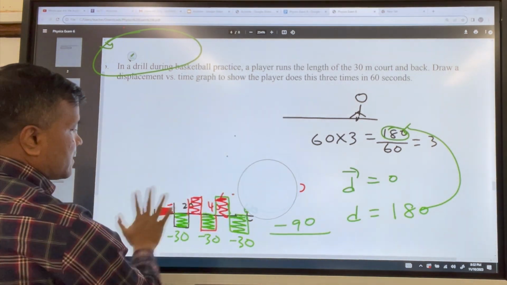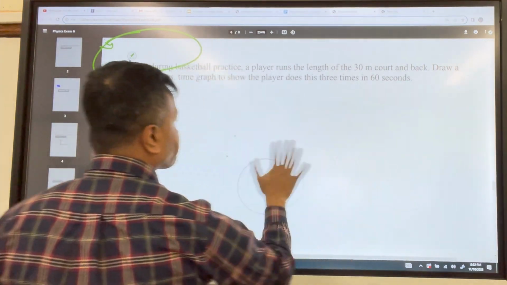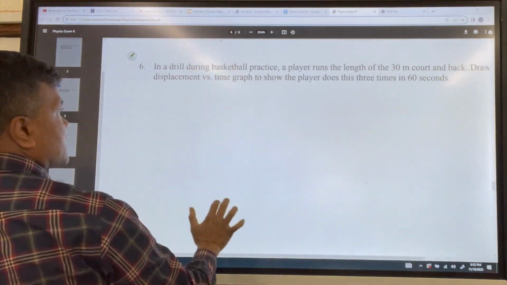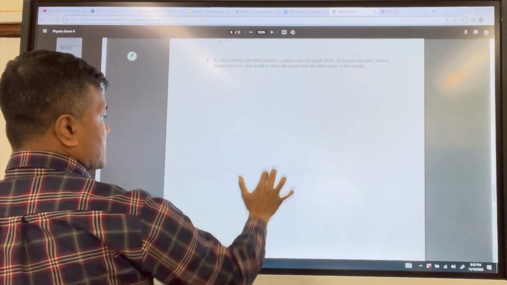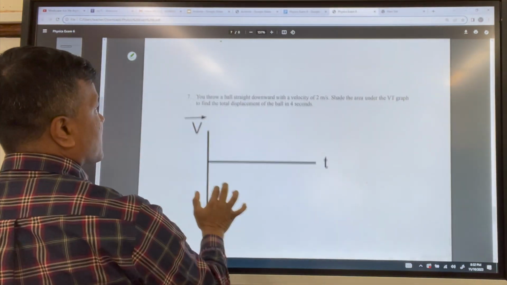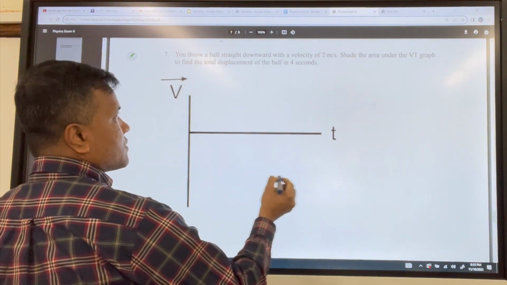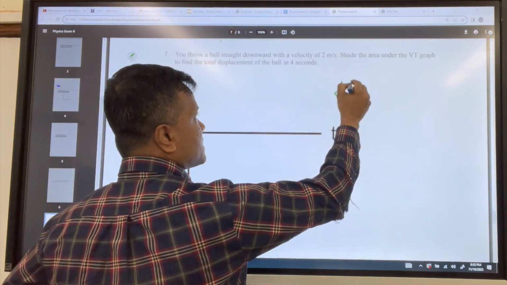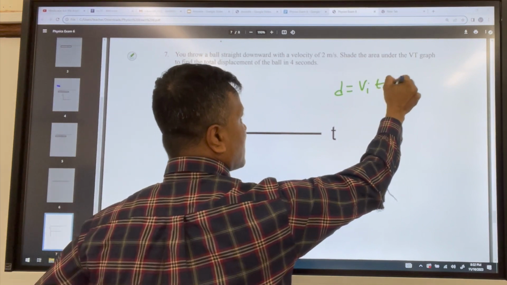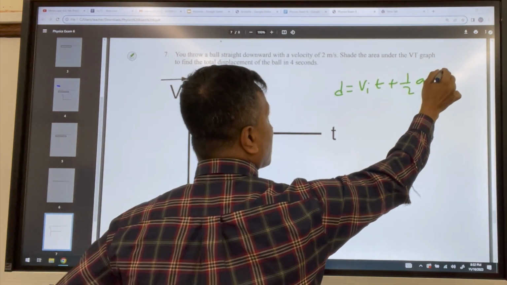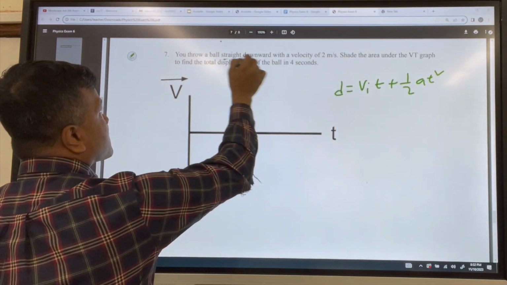Now we're going to do 7 and 8. Two more problems to go. Problem 7 is again the same problem. You can do algebra and geometry. So d is equal to v_i t plus half a t squared. I asked you to find the total displacement.